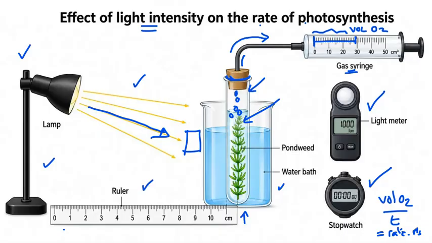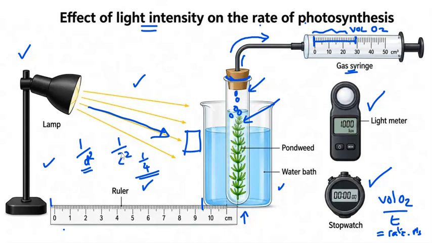What we would actually find is that if we double the distance, then we square the distance, which would give us a quarter, and the light intensity would actually decline by a quarter if we doubled the distance between here and the beaker. This is called the inverse square law.